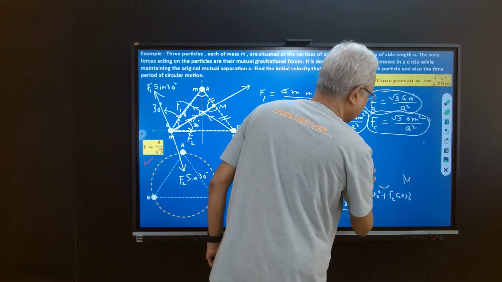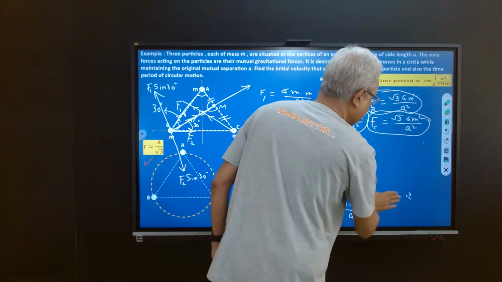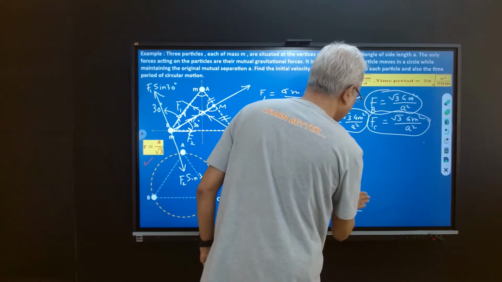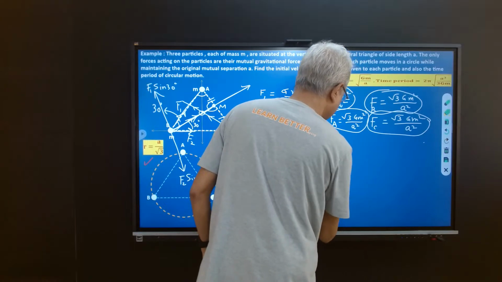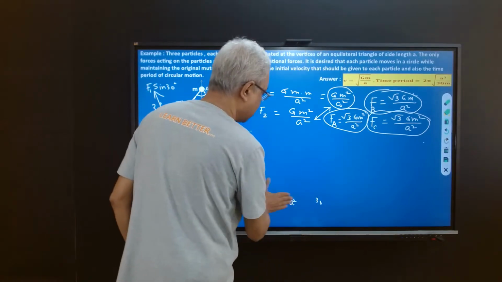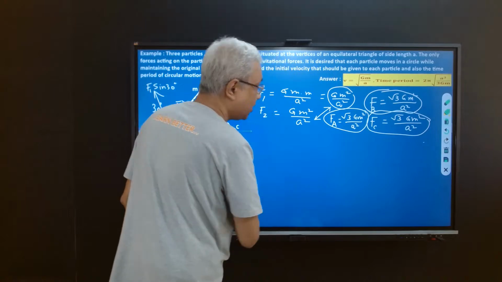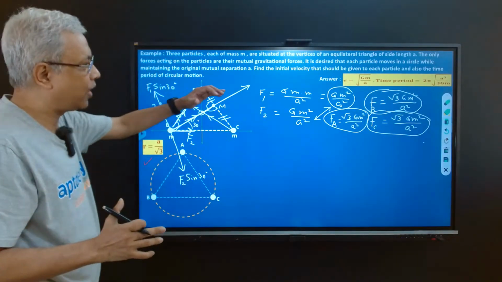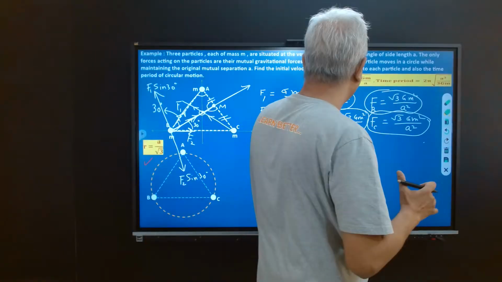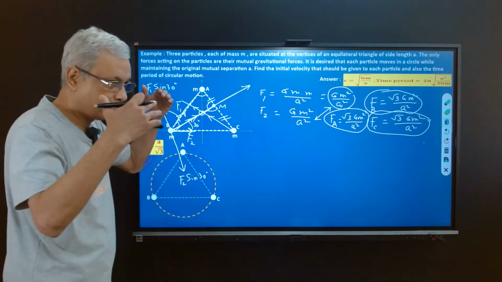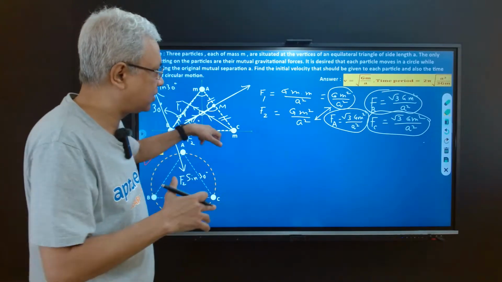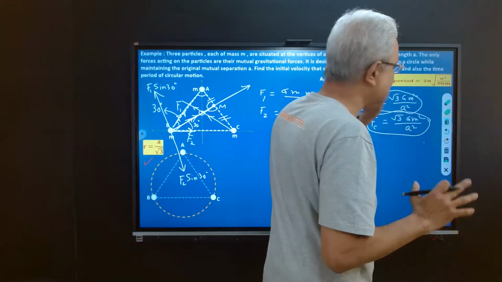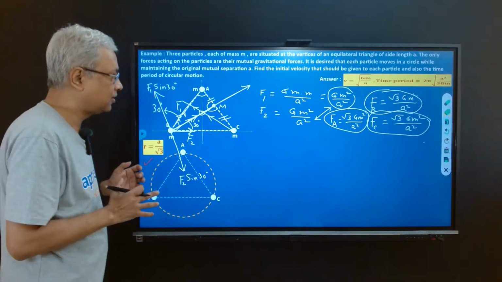In ideal circular motion, there is always a constant magnitude force acting towards the center. Here the center is the centroid of the triangle. So I found that there is always a force towards the centroid of the triangle whose magnitude is equal for all three particles.